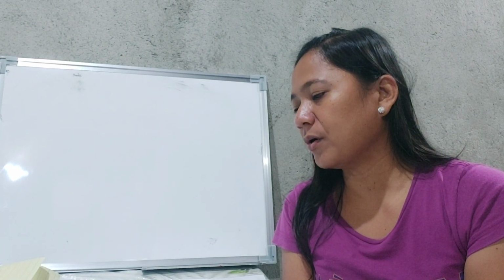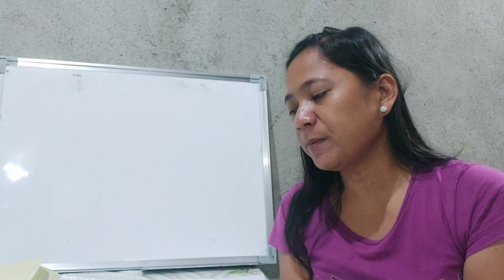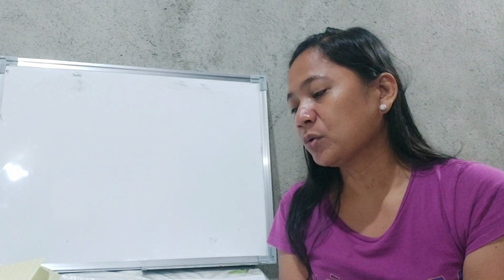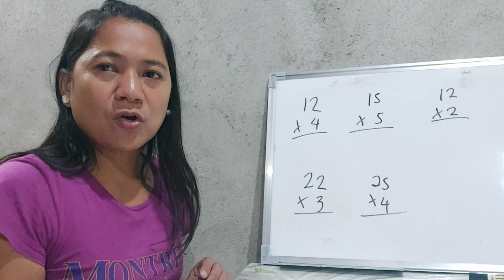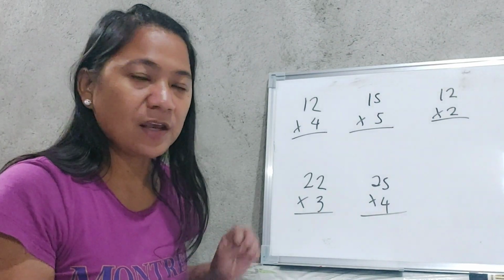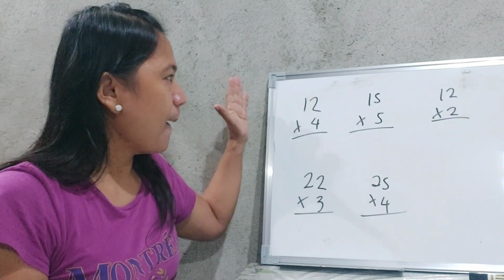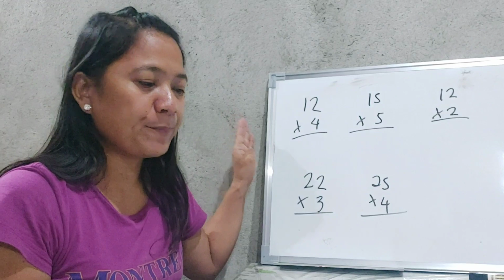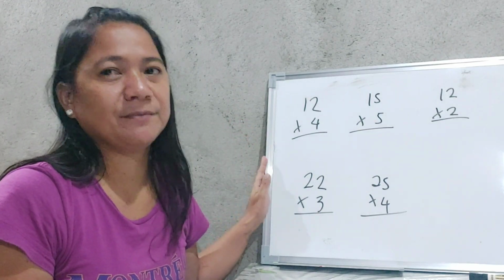Mathematics Module 3. We have 2 lessons. Lesson 1 is multiplying numbers up to 3 digits by numbers up to 2 digits without or with regrouping. So on our first activity in the What's In, we're going to find the product of the given numbers by computing them using our mental accuracy.